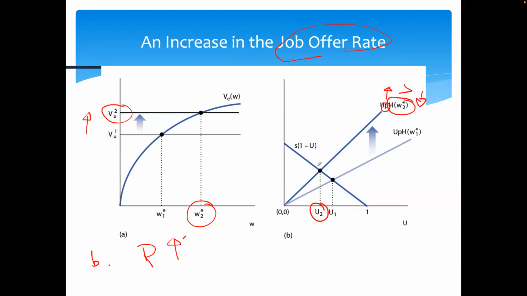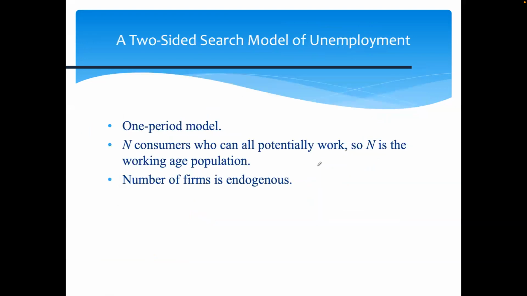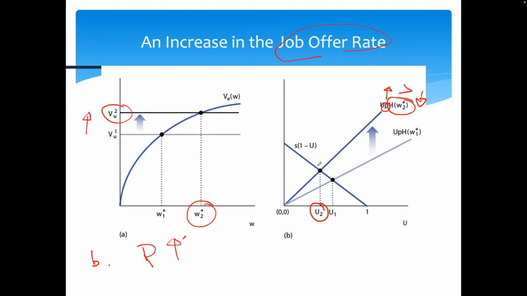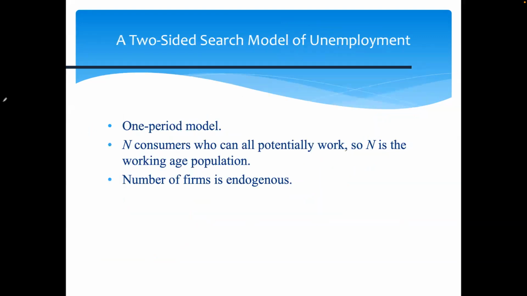Right. So these are the two possible scenarios of how different changes in our institutions, or in our macroeconomy, are going to affect the unemployment rate. Right. So now we are going to move from a one-side search to a two-side search model.